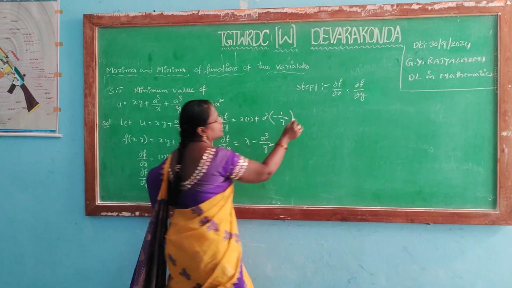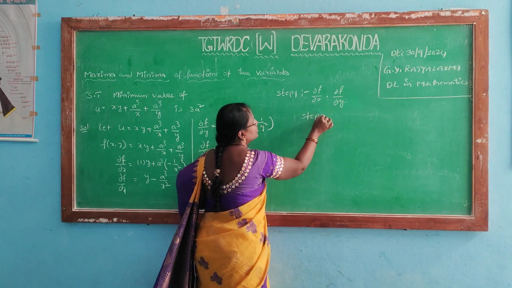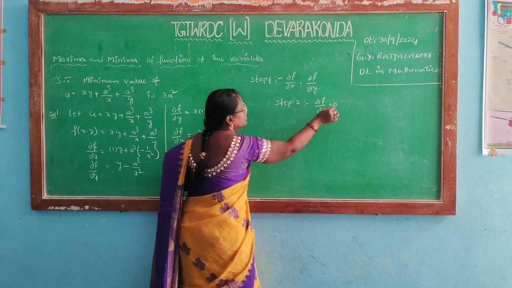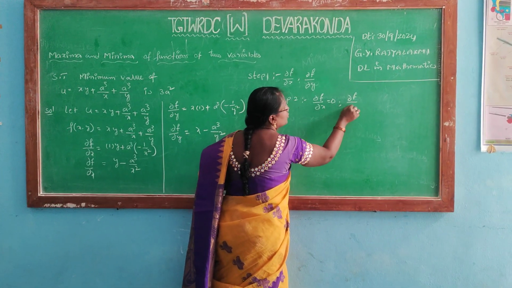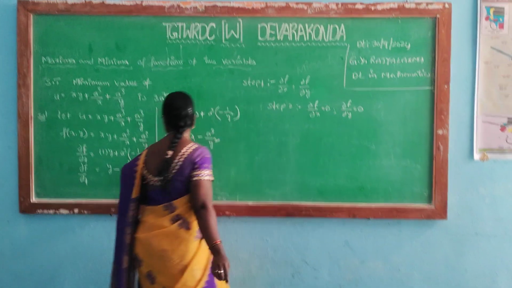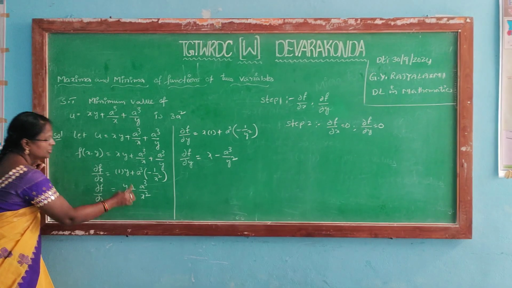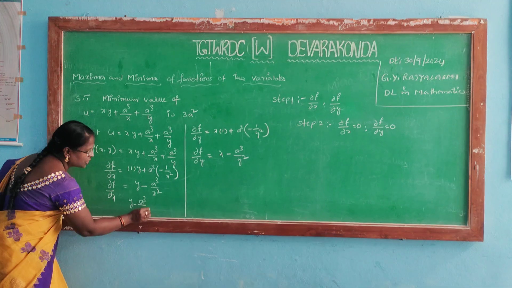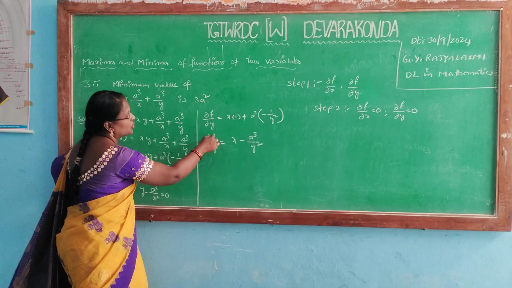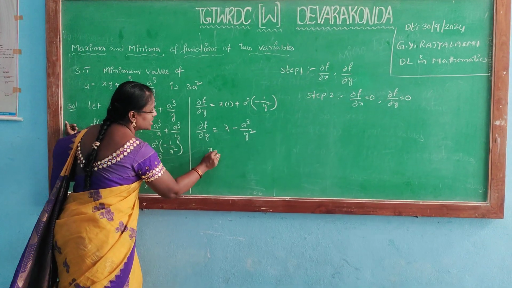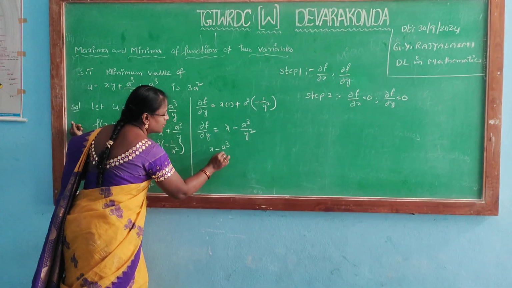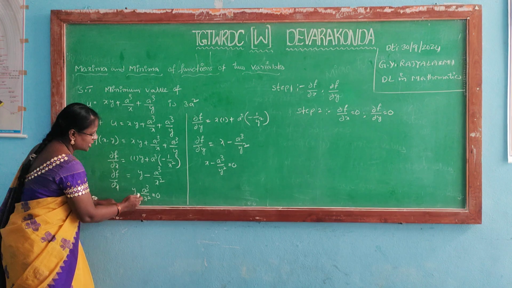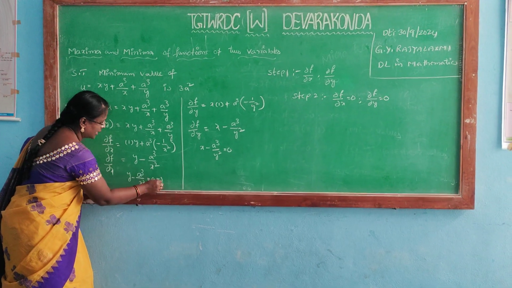So here the second step, step 2. Step 2 is dou f by dou x equal to 0 and dou f by dou y equal to 0. So here we are equating these terms with 0. y minus a cube by x square equal to 0, and dou f by dou y also 0, so x minus a cube by y square equal to 0. Here we transfer this term from left to right.